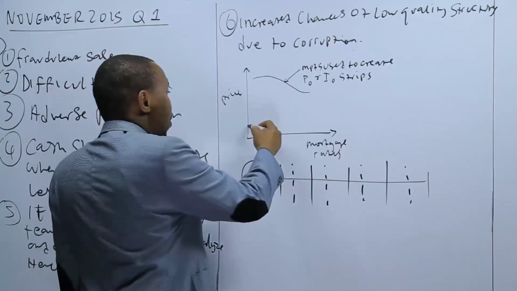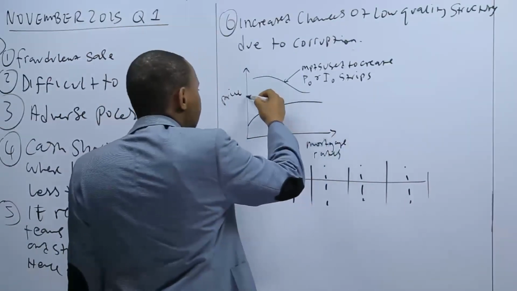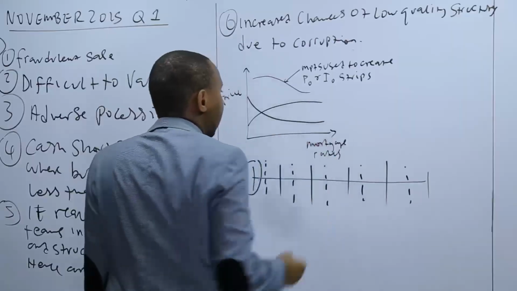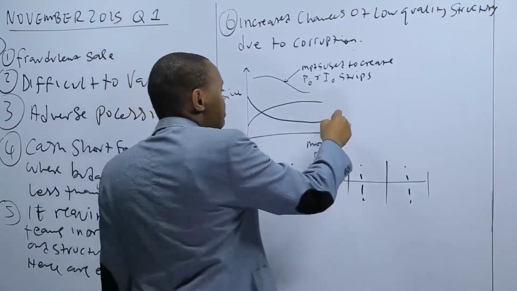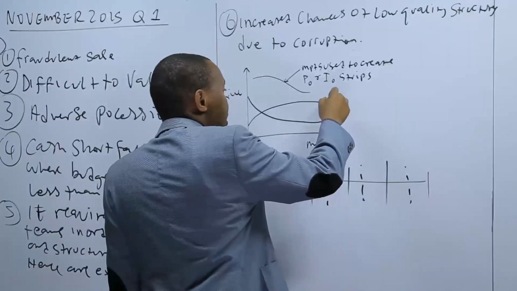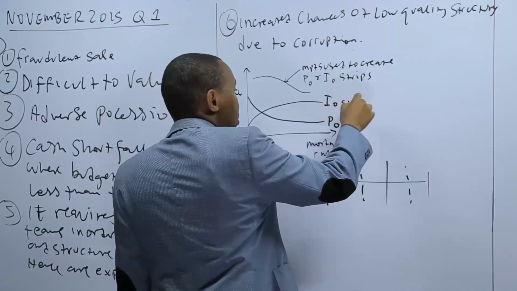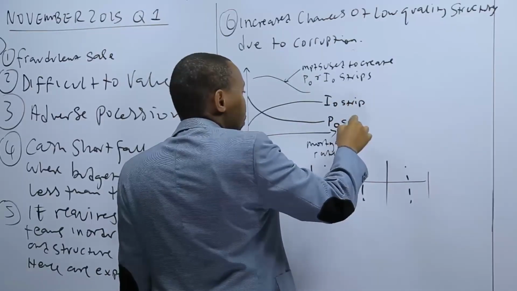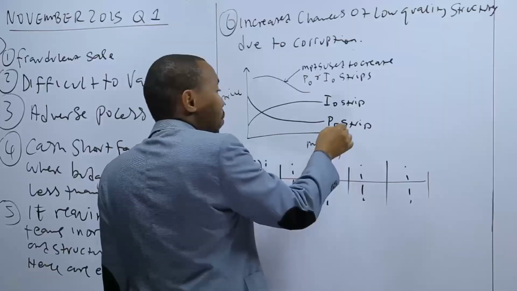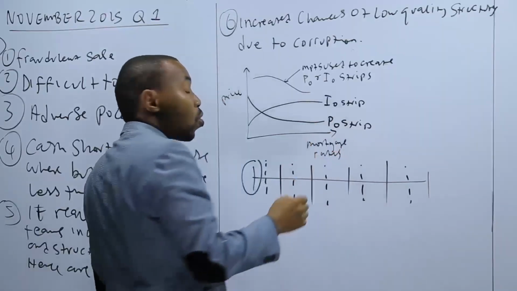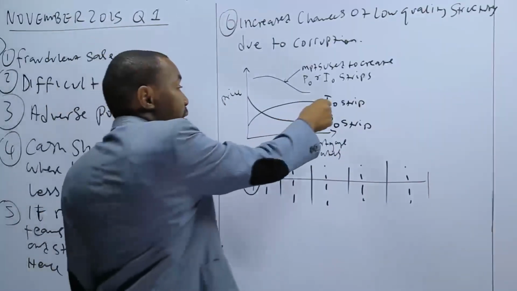And then the one that increases at an increasing rate like that, and there's another one that comes decreasing at a decreasing rate. This is the principal only strip, and this is the interest only strip, or component.